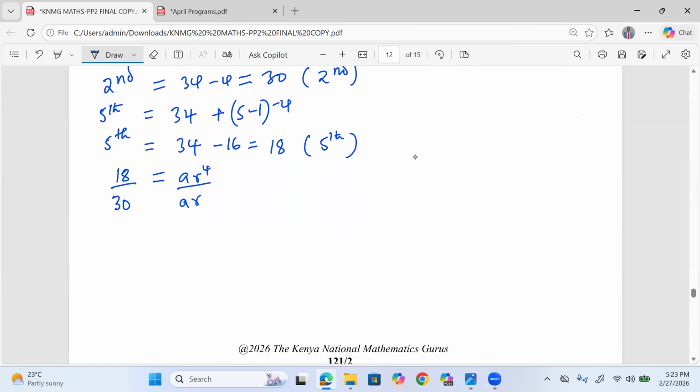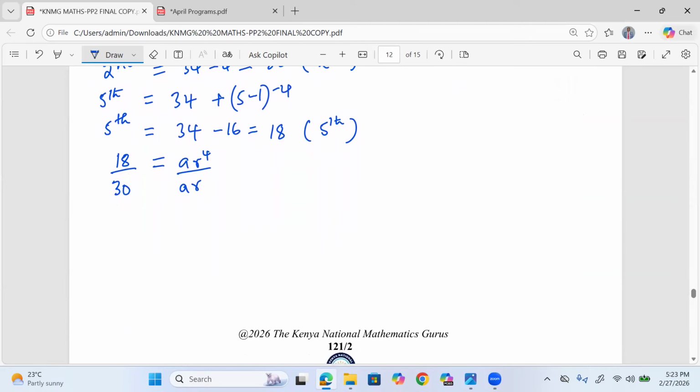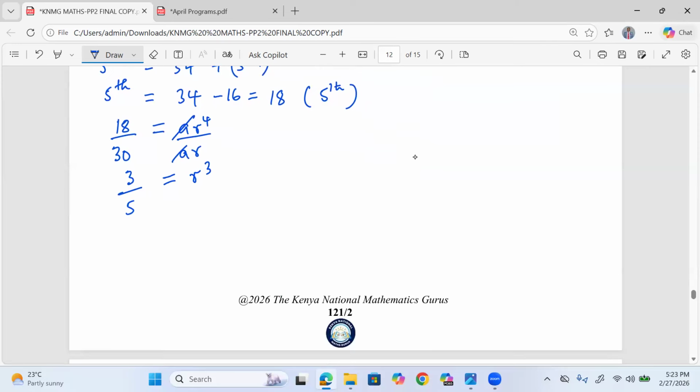So from these, we can divide by 6, we get 3 and 5. A simplifies, and R simplifies to give us R^3. So R^3 equals 3 over 5. 3 divided by 5 is 0.6.